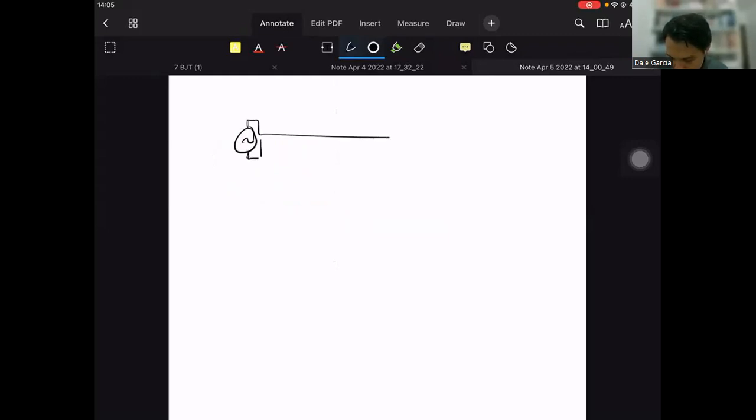So para as if di mag-matter ang ilang distance between them, para di na siya mapil sa atong pag-determine sa length ng transmission line.